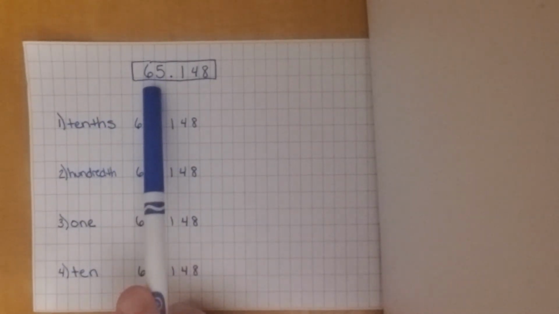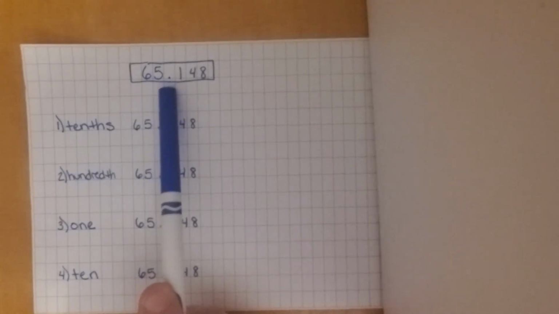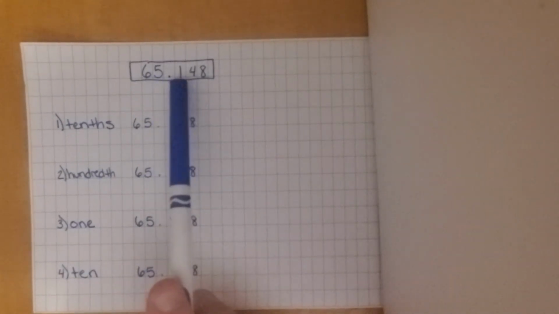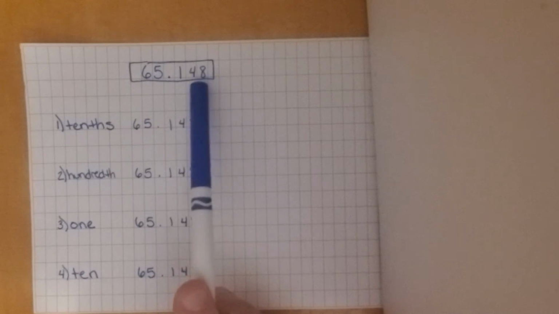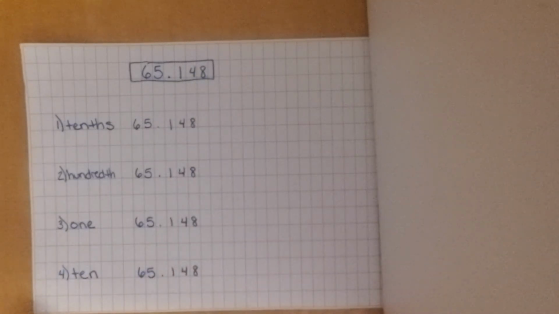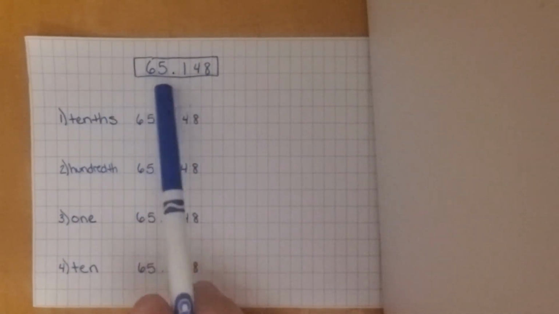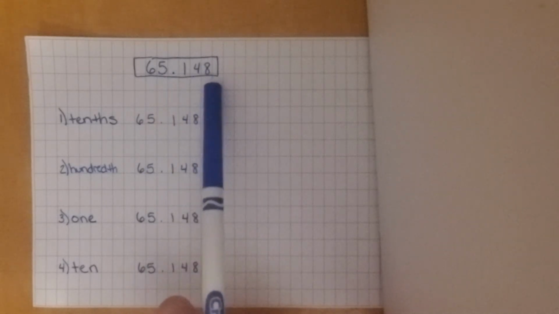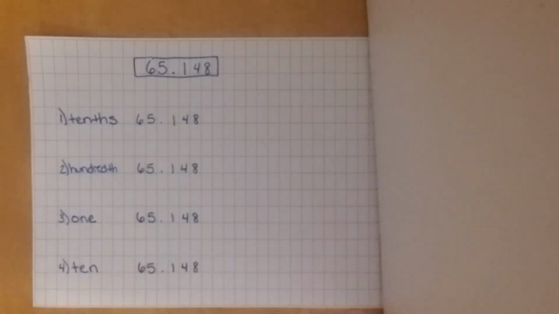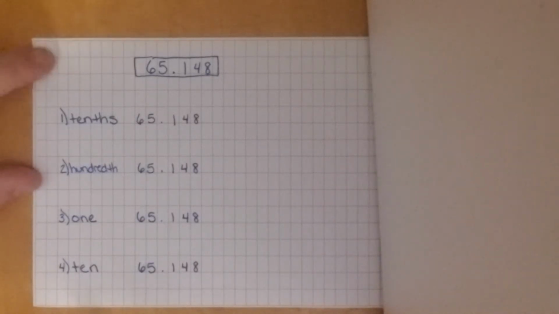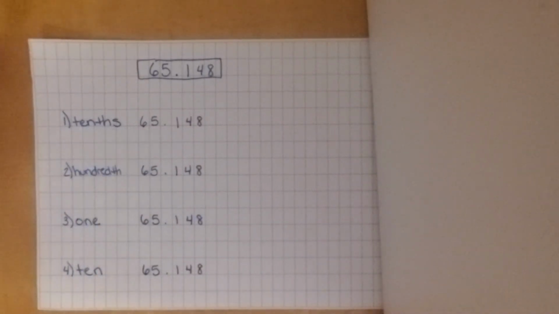You've been working on that for a long time. The decimal says and then I say the number I see and define it by its last place value. So I have 65 and 148 thousandths because that 8 is in the thousandths spot. But that was last week's job. Today's job is to round it.